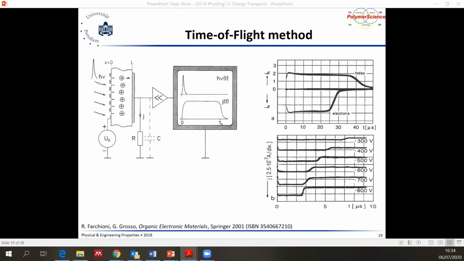Time of flight is a time-dependent experiment. It was first used in the 60s for silicon, so once we learned that, we tried to adapt it to work for organic or polymer systems as well.